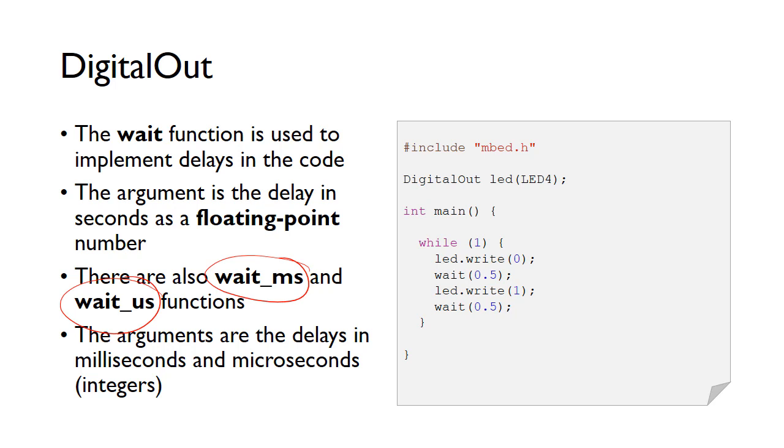But for these functions, it's very important that you use integers. The arguments for these functions are not floating point. So if you did wait in milliseconds, you have to do, say, 5. You can't do 0.5 milliseconds. You have to use an integer number of milliseconds and microseconds.